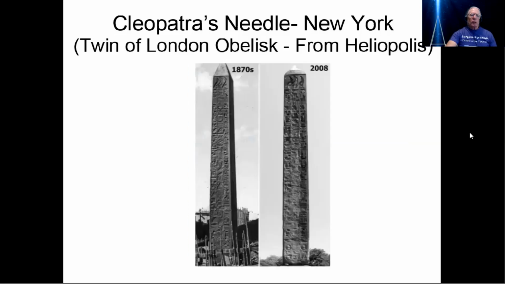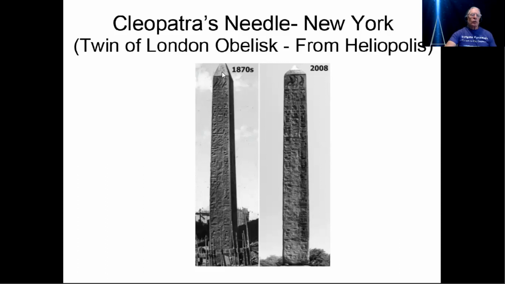So when we look at the Cleopatra's Needle, one of the interesting aspects, as I was doing research on this particular obelisk, I found this photograph, and it helped me to understand why initially I was having difficulty getting a geometry that seemed to match that one in London, because apparently the obelisk in New York City has deteriorated quite significantly.